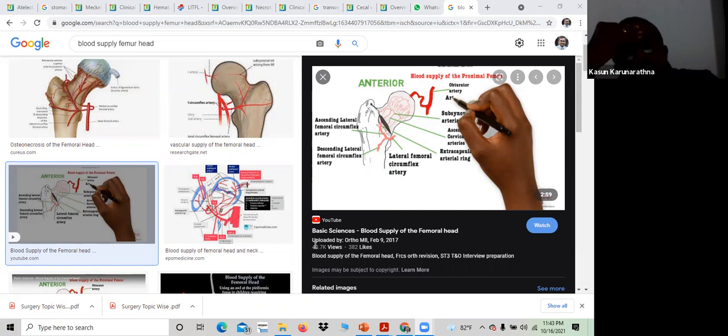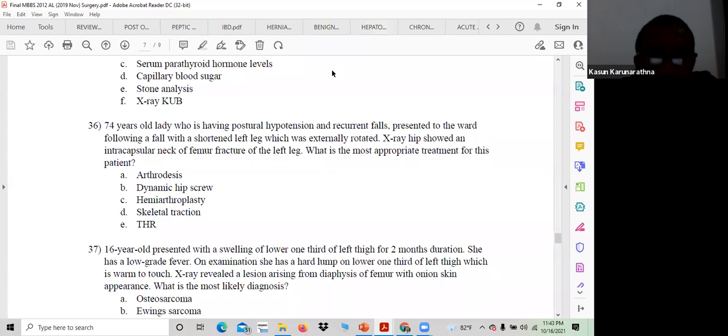Other bone? Anyone? Talus, again, you get avascular necrosis, right? Okay. Someone has answered. Tell us. Yes, good.